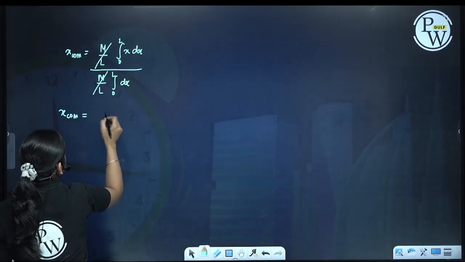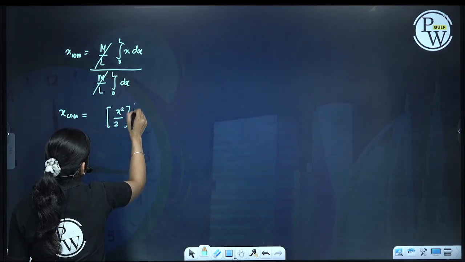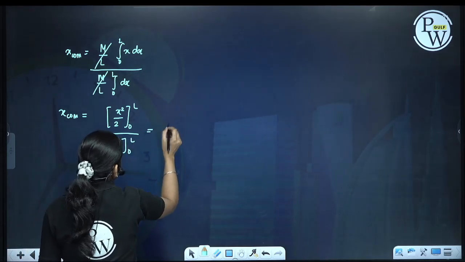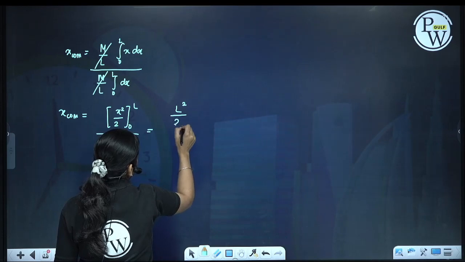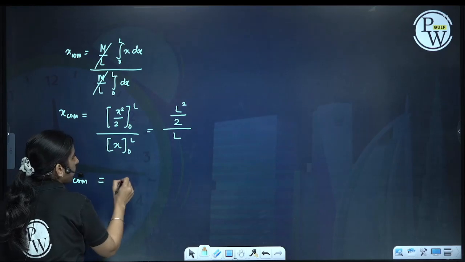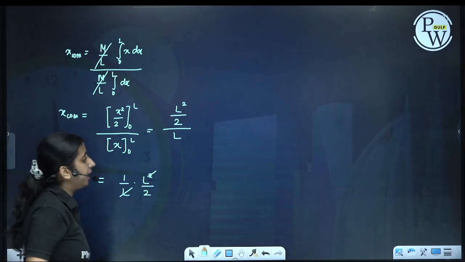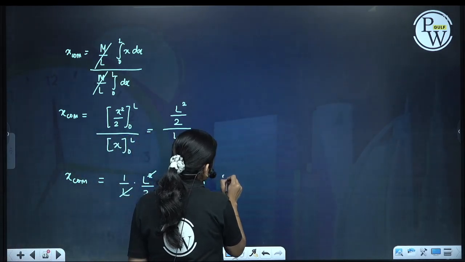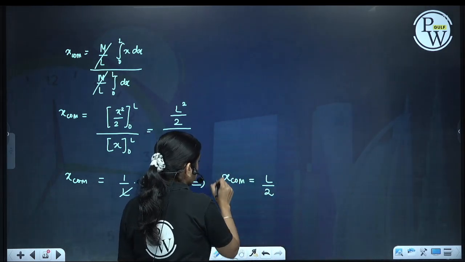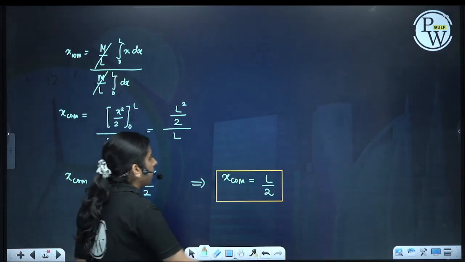The integration of x dx will be x square by 2 from 0 to L, and the integration of dx is x from 0 to L. Substituting the limits, we get L square by 2 divided by L. So x_cm will be 1 by L into L square by 2, and L gets cancelled. So for a uniform rod, the center of mass is at L by 2.